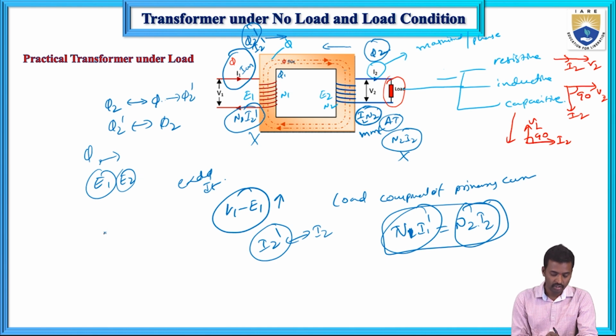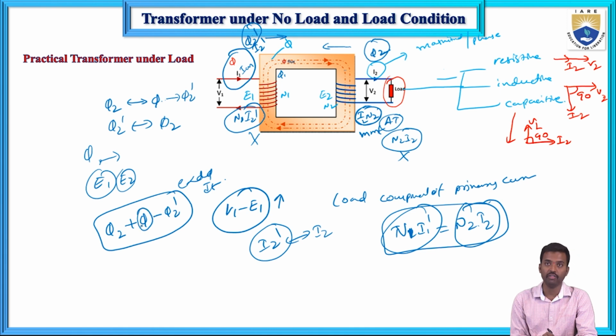Initially there is a phi flux, and because of the load component there is phi 2 flux, and because of this there may be additional current. This neutralizes the phi 2 flux and it helps the phi flux. This is the scenario for the practical transformer under load condition.